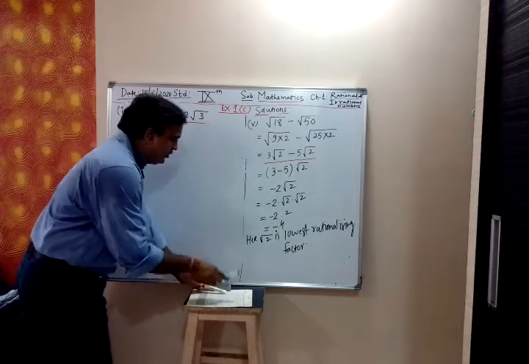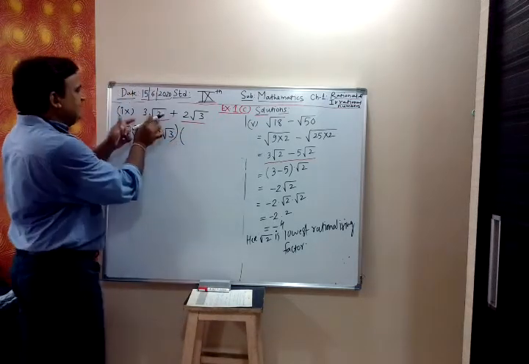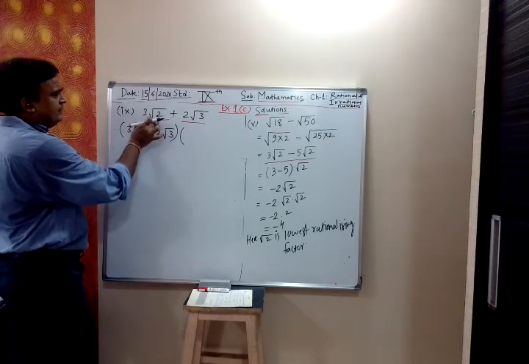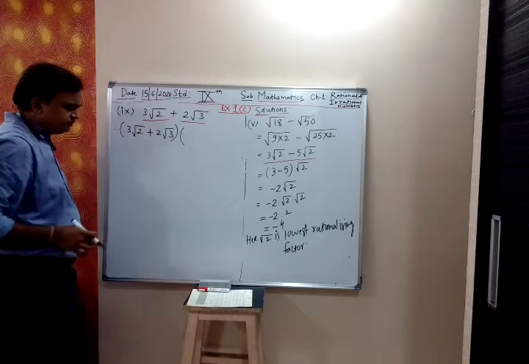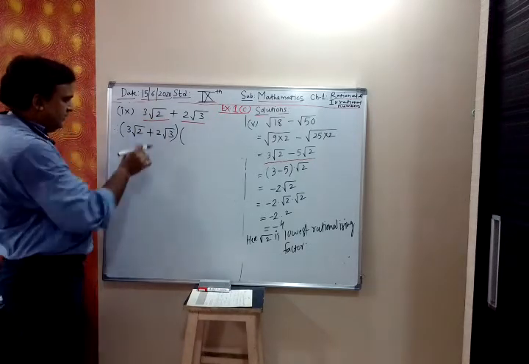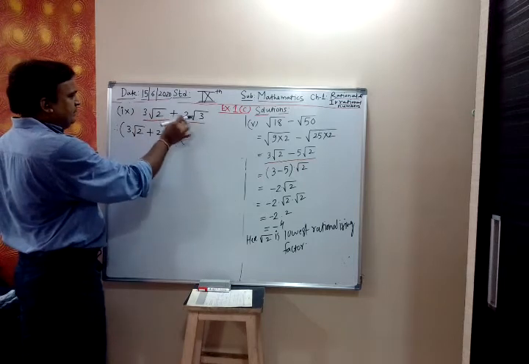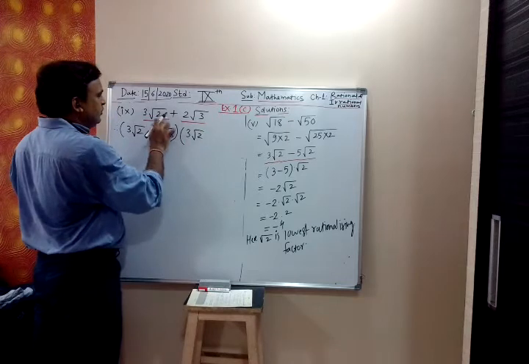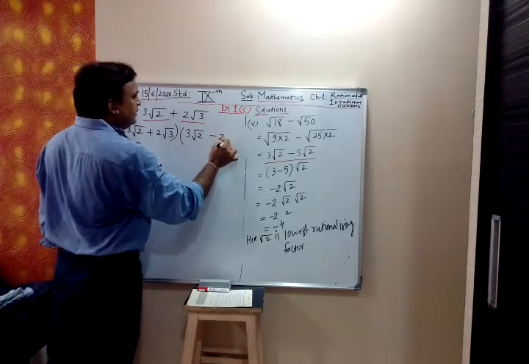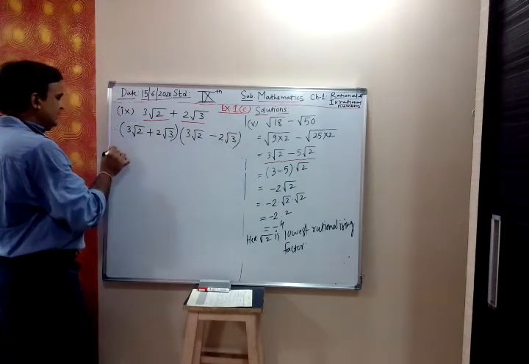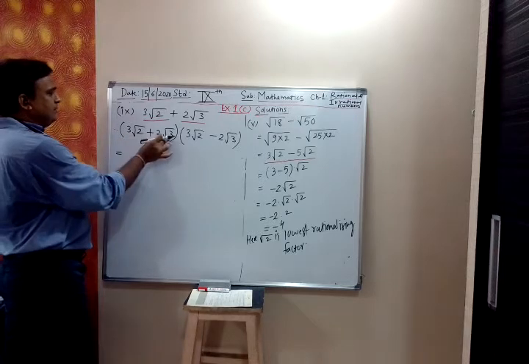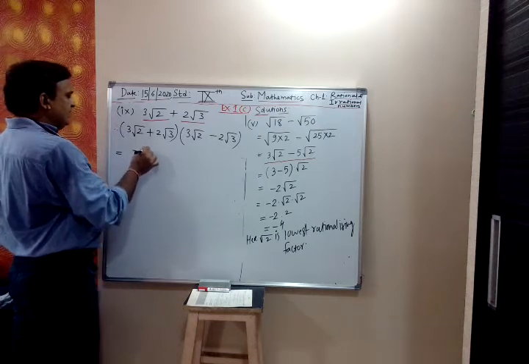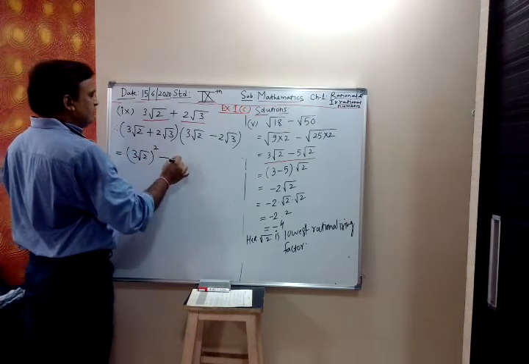So when there is nothing common, we multiply by the same number but opposite in sign. So 3 root 2 minus 2 root 3. So now this becomes a plus b into a minus b, that is 3 root 2 square minus 2 root 3 square.